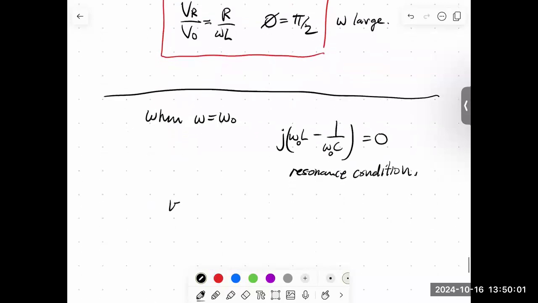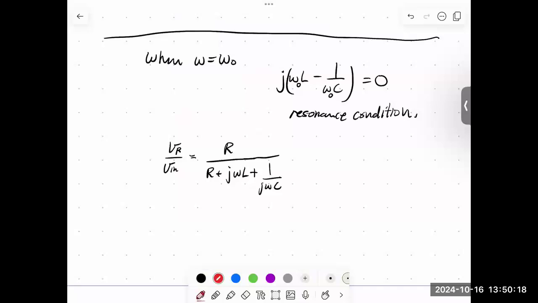Okay, so then if we were to write VR over V naught as R over the total impedance, which was R plus j omega L plus 1 over j omega C, well, this stuff is equal to 0 when omega equals omega naught.